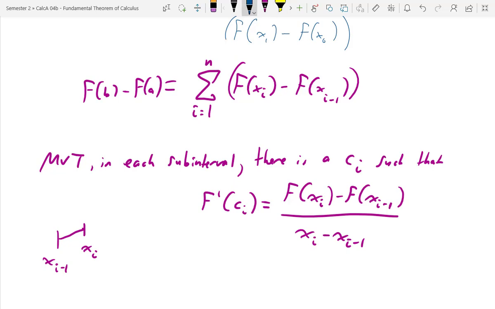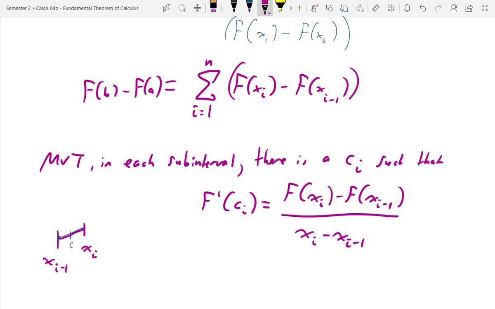And somewhere in there, there is a c value so that the instantaneous rate of change is equal to the average rate of change. That was the mean value theorem itself. And we've already established that this graph is continuous, so I don't need to worry about that as a condition. That means that at that place, instantaneous right here is equal to average. With me so far on that? The derivative is the instantaneous rate of change, and the average rate of change is the slope that we find.